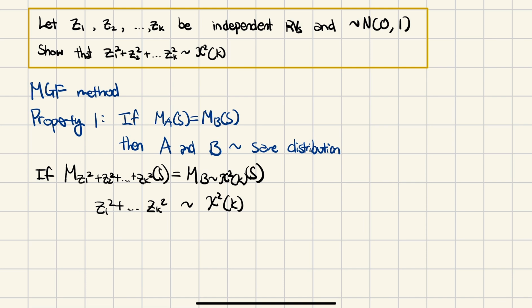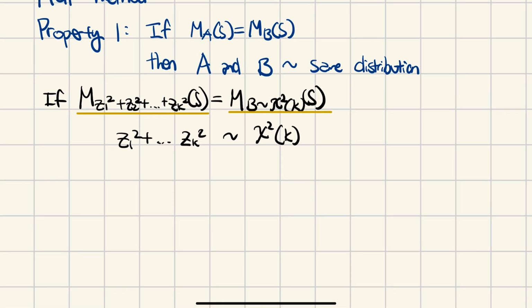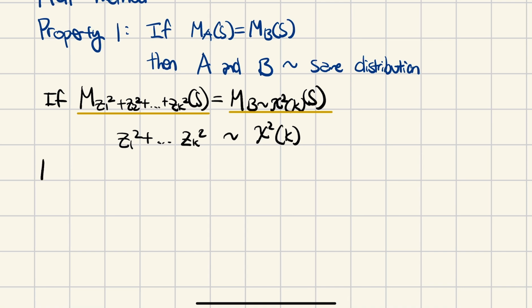Therefore, we need to find this part and this part. First, let's get the easier part that we already know. We know that the moment generating function of a chi-squared distribution is (1 minus 2s) to the power of negative k over 2.